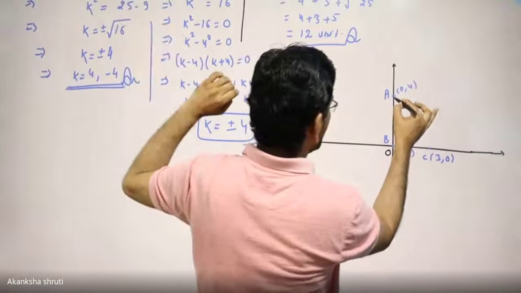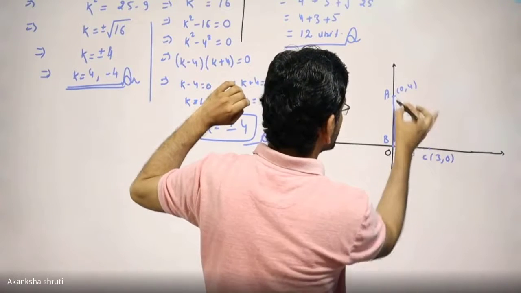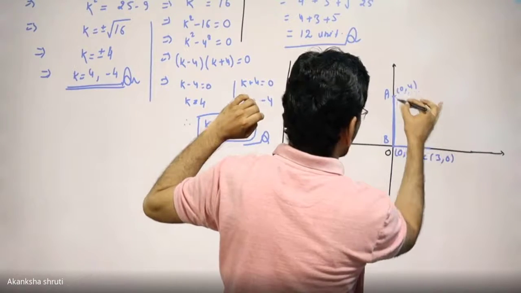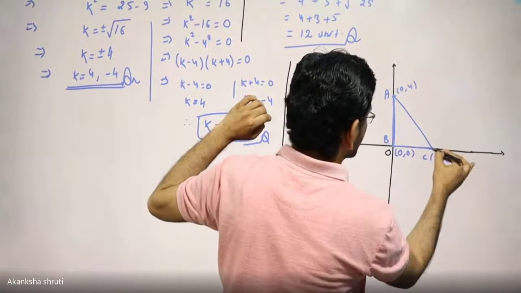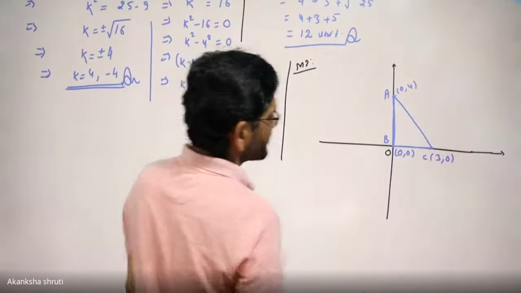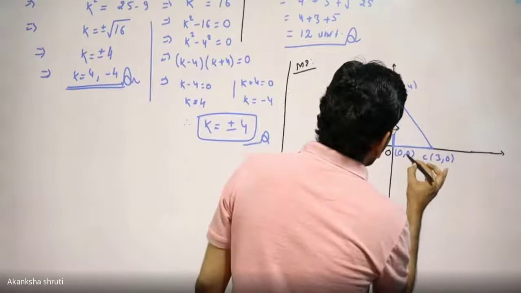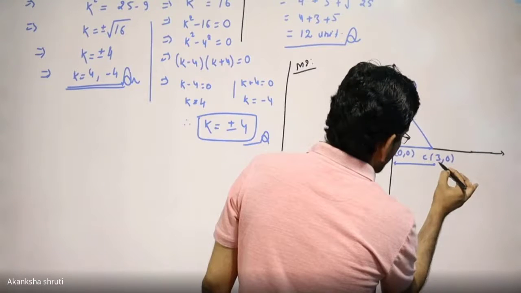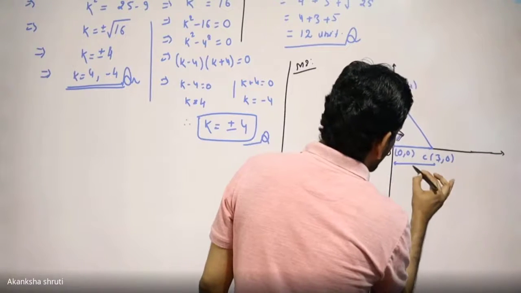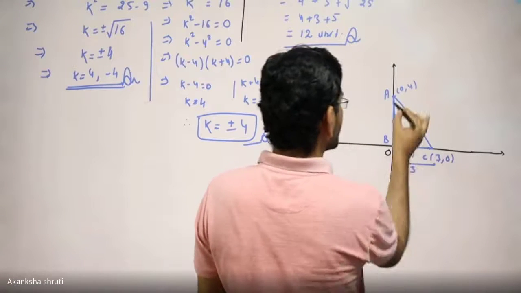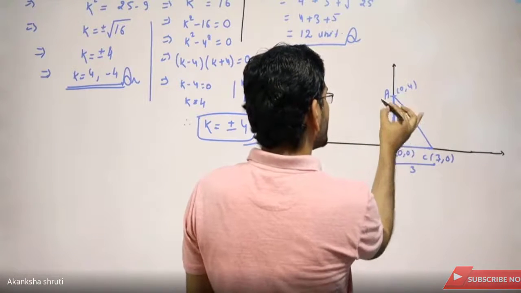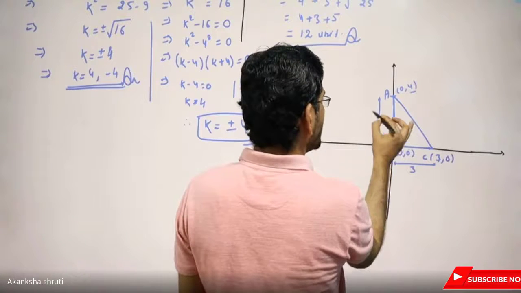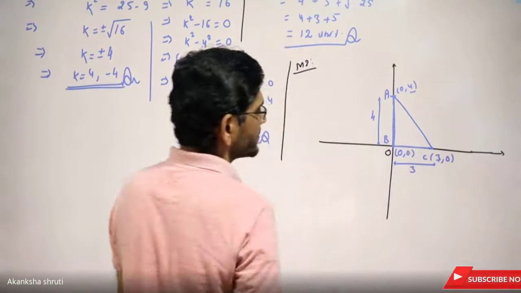Triangle is with this side, this one, and another one is this one. Here this BC is the same as this x length, so it will be the x coordinate of this point C. It is 3 units. AB is the same as this y length, which is the y coordinate of this point A, our 4 units.